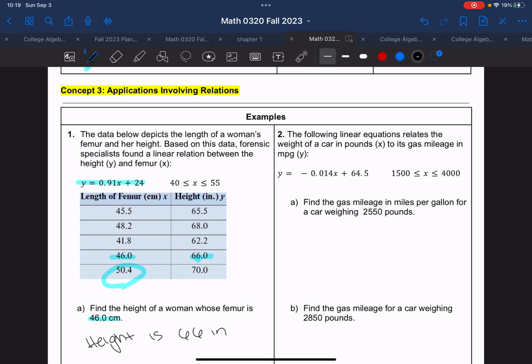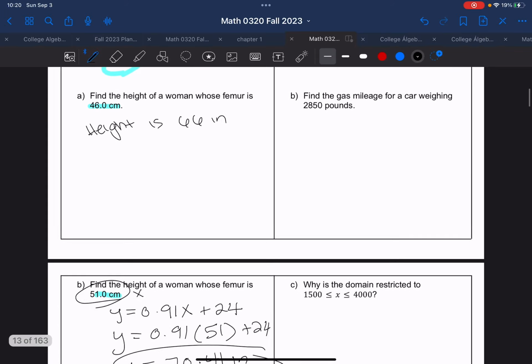One reason is that if they are trying to fit the linear function on a graph, they want that graph to be restricted from 40 to 55. Or let's say that out of all the data they found, the shortest femur was 40 centimeters, and the largest femur was 55 centimeters. So why include other numbers in that domain if all our data is within those numbers? That's why they made the domain that way.